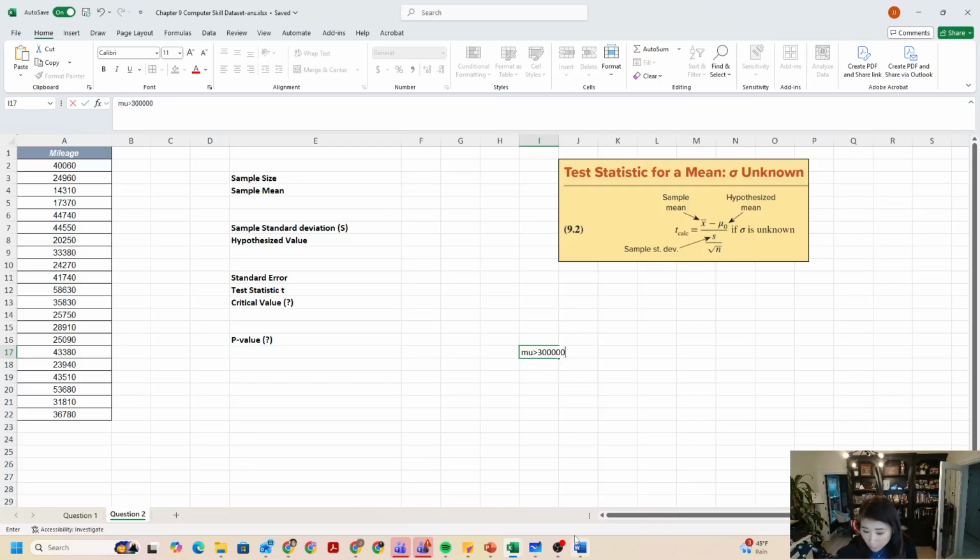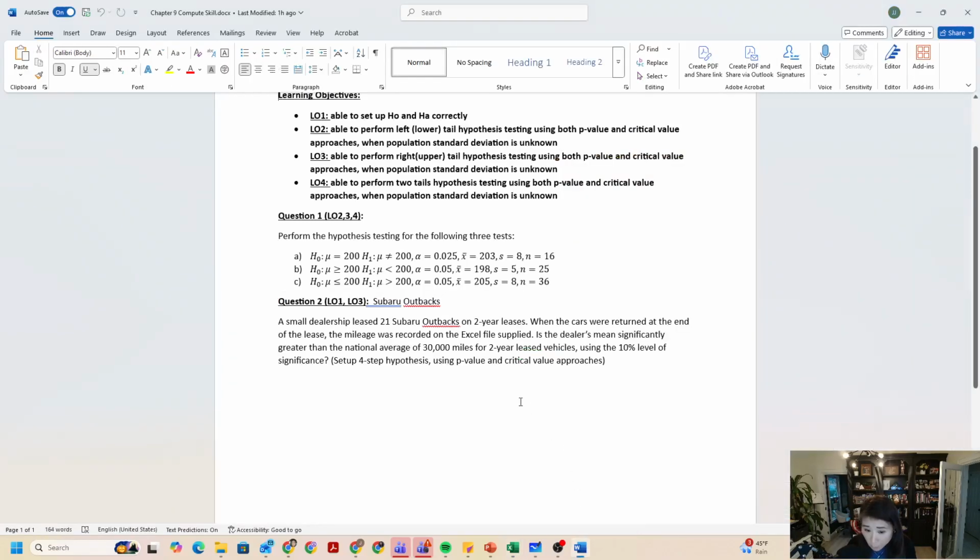One simple reason is that the status quo is that we should follow the national average, so it should not be greater than the national average. That is what we settle as H0, because that's the status quo.